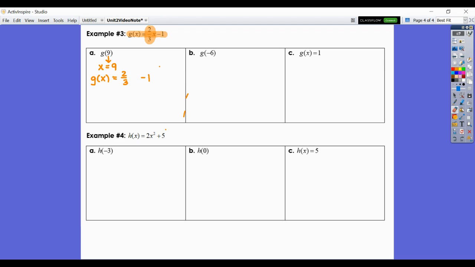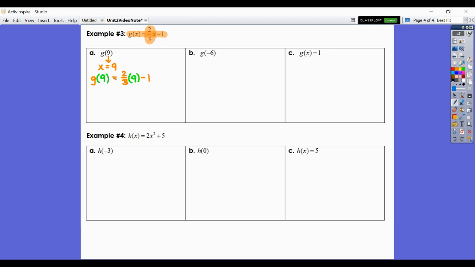I will erase and replace that x with 9 in this case. When I replace it, I'll use those parentheses in both cases, so that way I know it's 2/3 times 9. Multiplication comes before subtraction.